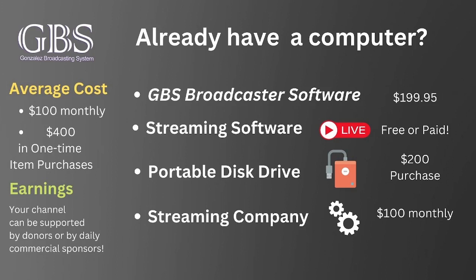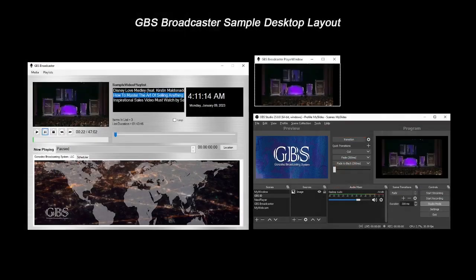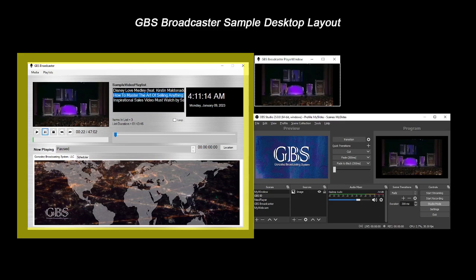And now let's take a look at the layout using perhaps a desktop computer. If you have a big, nice widescreen monitor hooked up to your computer, this is the layout that you'll see. These are some of the pieces that I was talking about earlier in this tutorial. If you can see my mouse moving, the big screen here is the GBS Broadcaster Software.